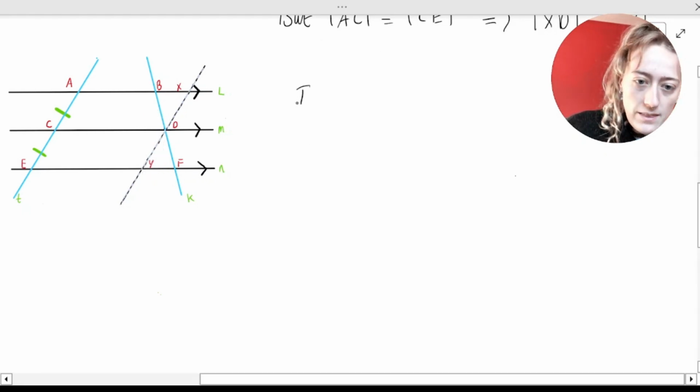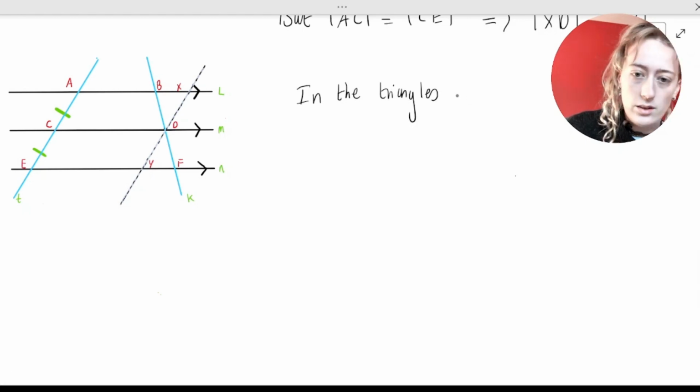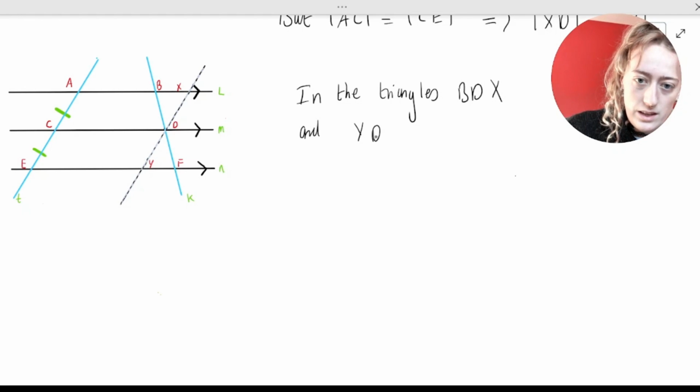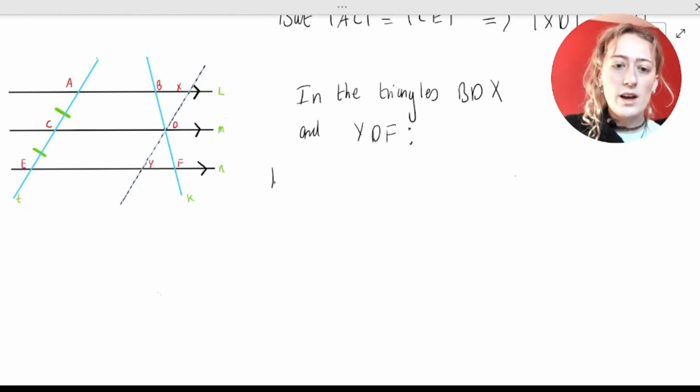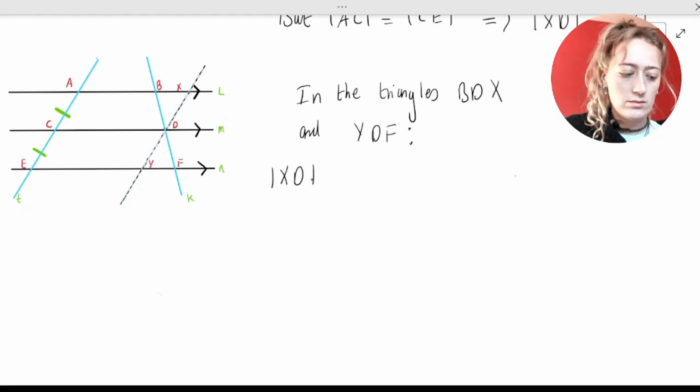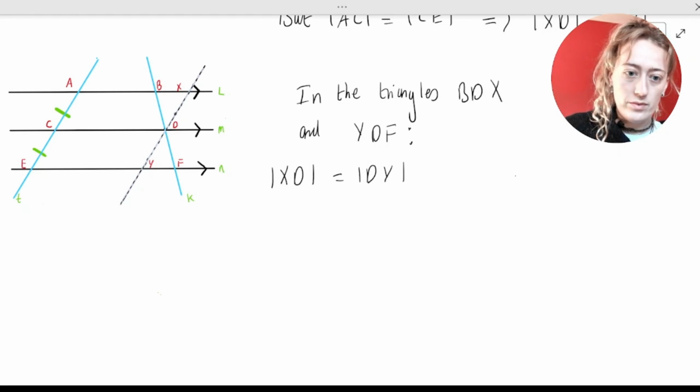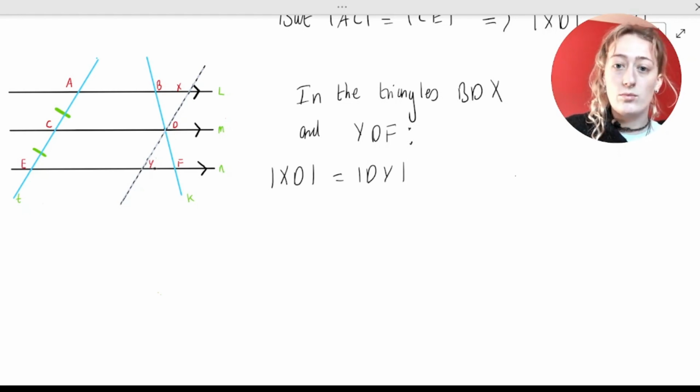So, in the triangles BDX and YDF, let's observe the following. We have that the distance XD is equal to the distance DY. We already figured that out from before. Okay, that's the last thing that we showed.